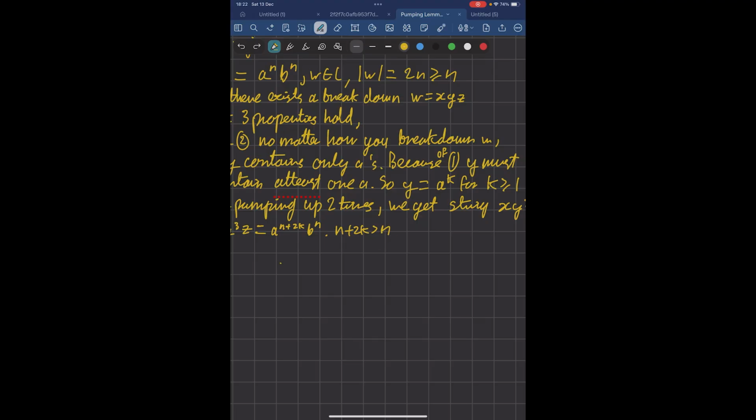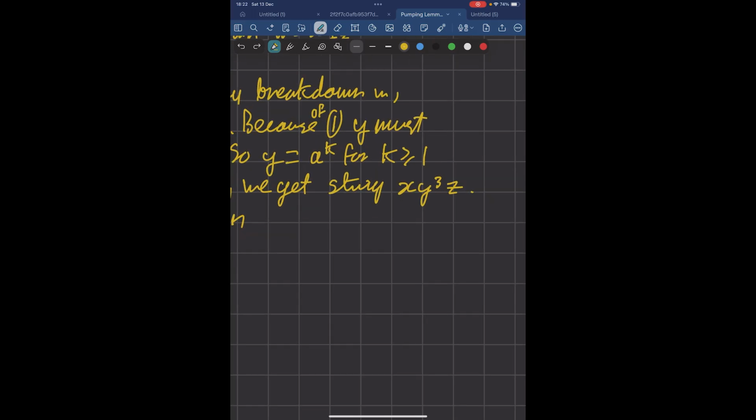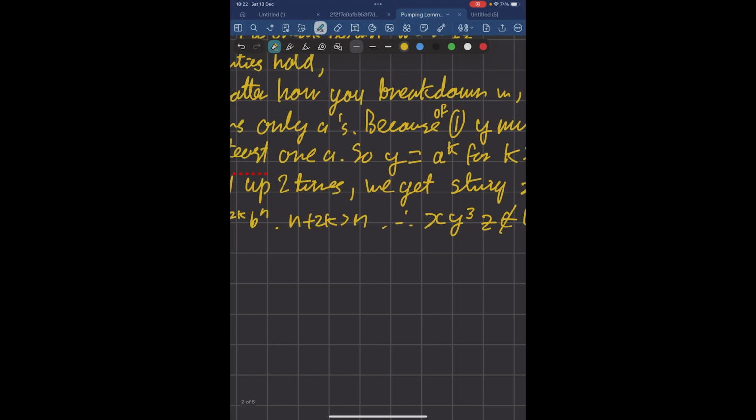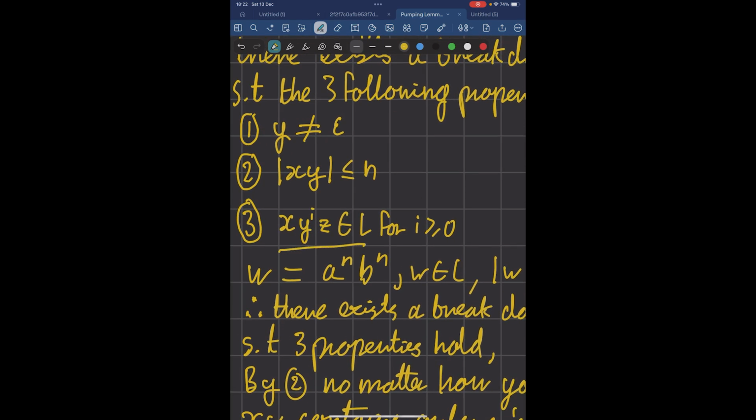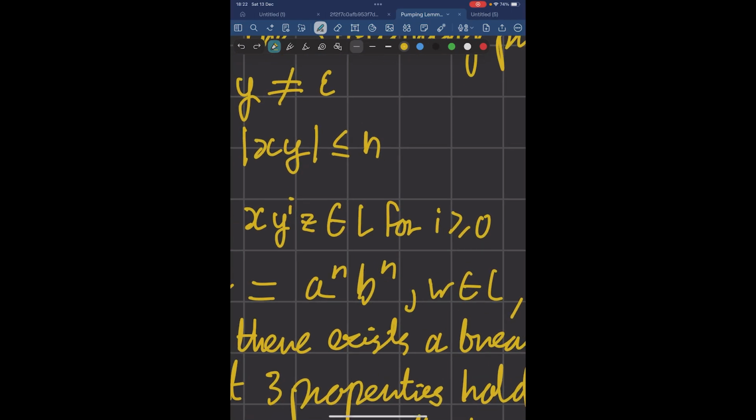There are more a's than there are b's. So therefore, x y cubed z is no longer in the language, which contradicts the property that says x y^i, where i can be any number greater than or equal to 0, should be in the language. And we just got that x y cubed is not in the language, which is a contradiction.